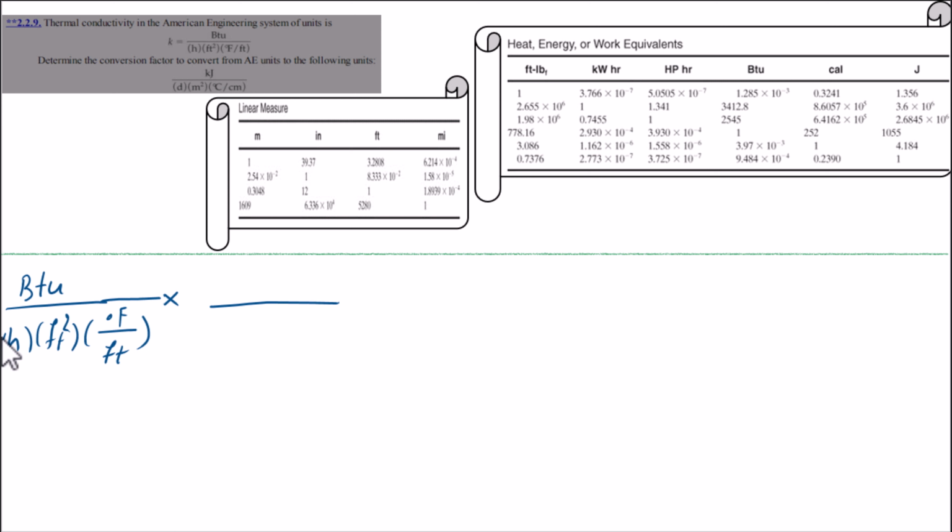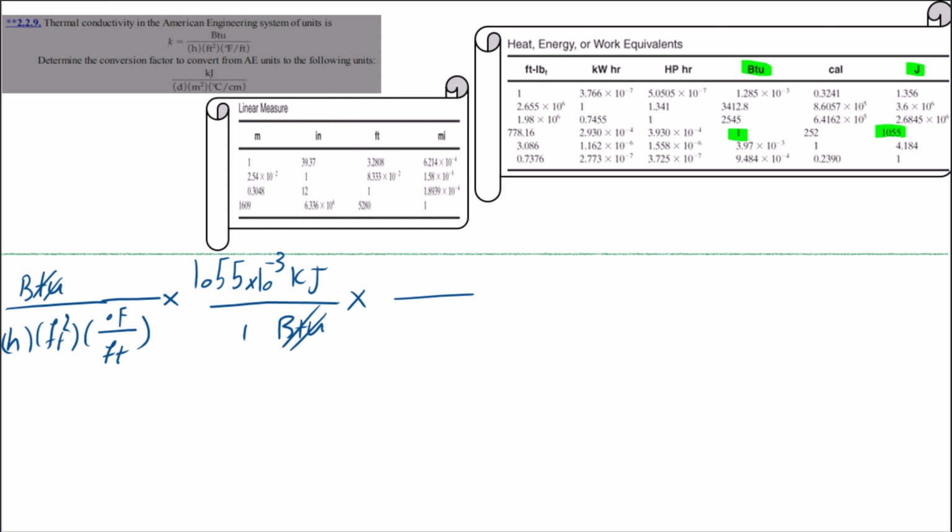First of all, use BTU to kilojoule. 1 BTU will be this number of joule. We'll write this multiply 10 power minus 3.